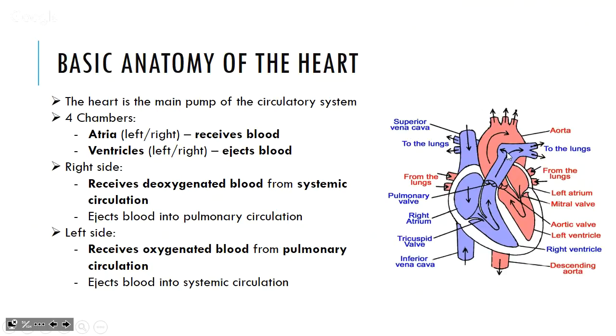And then it goes through into the pulmonary trunk, into the lungs here. And then the lungs will reoxygenate it and add oxygen to it. And then it will come back through the pulmonary veins, into the left atrium, and then the left ventricle, and then out through the aorta to the rest of your body. So that's pretty much it for the heart.